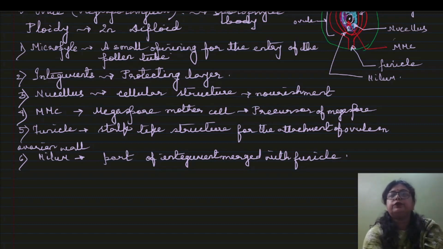Next we are going to megasporogenesis: how megasporogenesis occurs from the sporophytic body, the megaspore mother cell. From the name, mega means big, spore means spore, and genesis means formation. So what will we write? What is megasporogenesis?